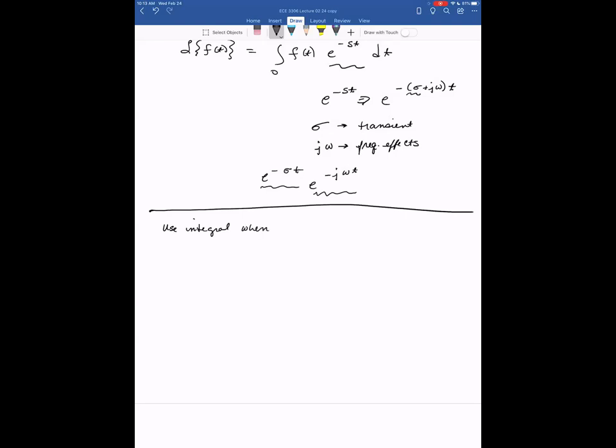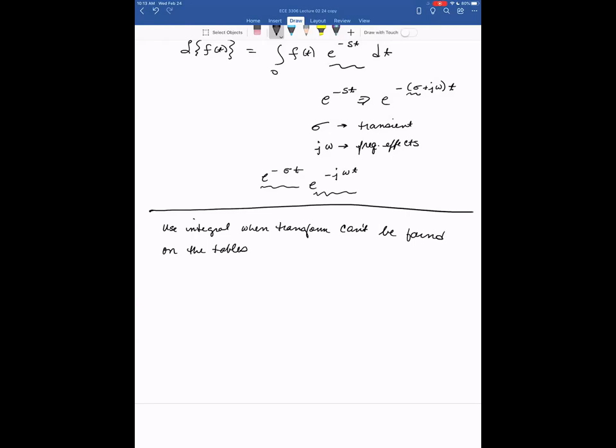So we use the integral when the transform can't be found on the table or in the tables. Do not make the effort to go and find a table with 775 Laplace transforms, because that's not the point.